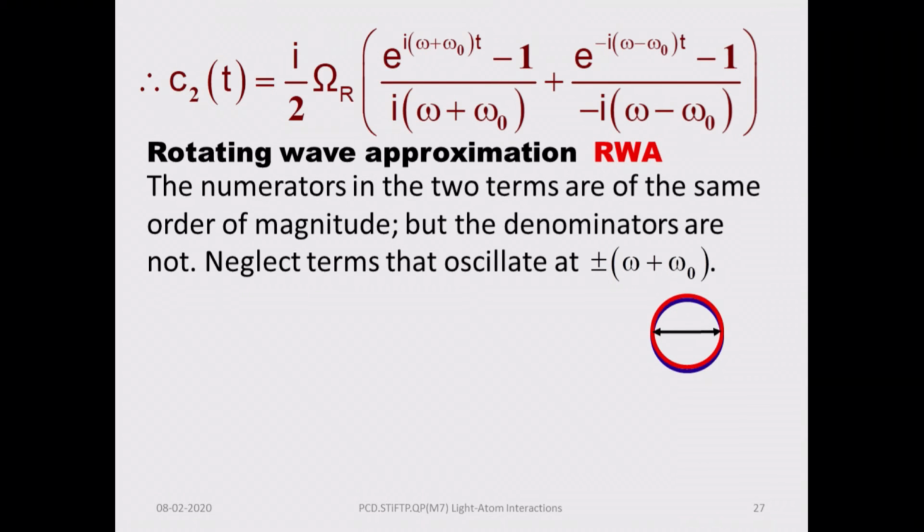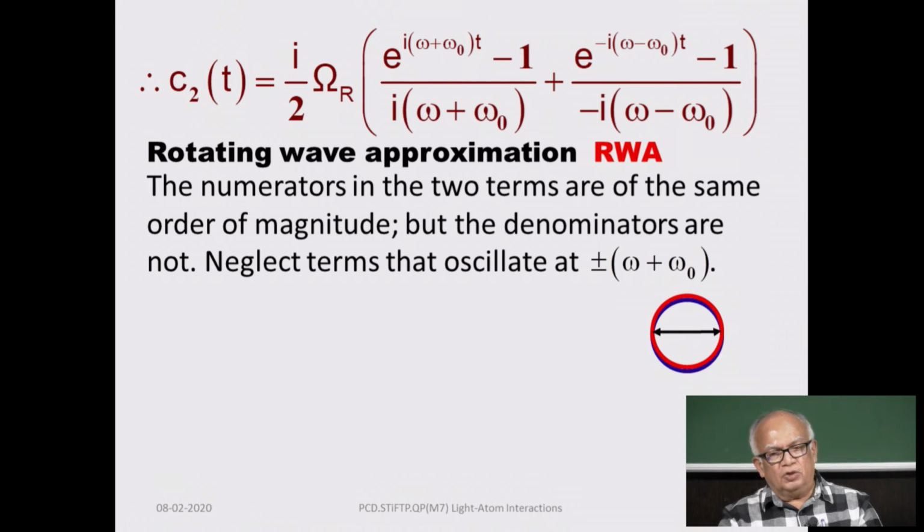Twice the frequency makes it move well away from the resonant frequency, and it is not going to interact with the system very much. So, which is why the omega plus omega 0 term is not going to contribute very much to this interaction. If you look at these two terms in the solution, you have omega plus omega 0 in the bottom and omega minus omega 0 also in the denominator, right.